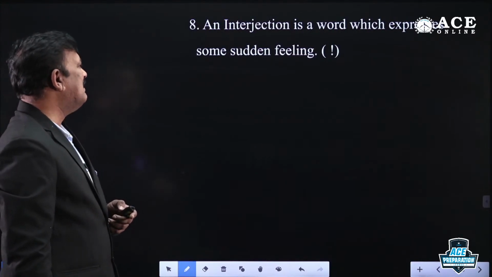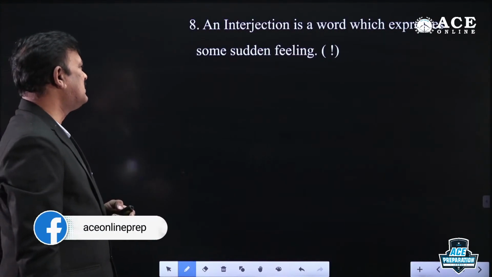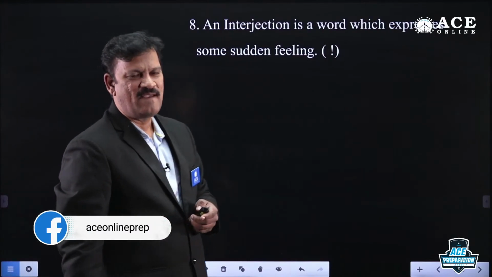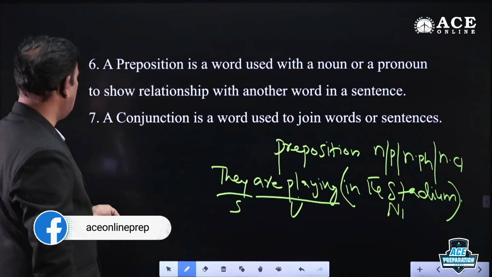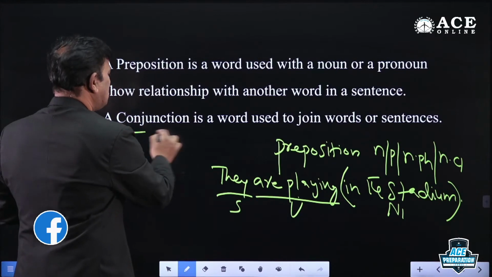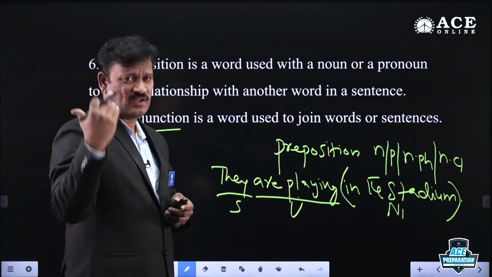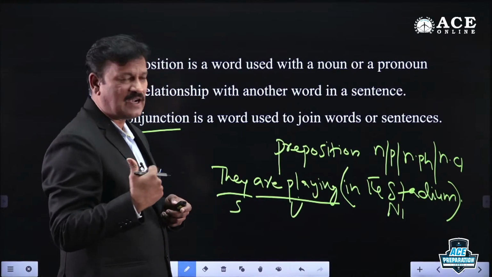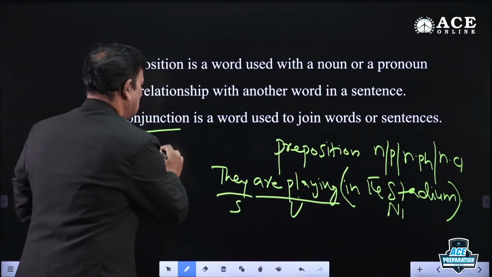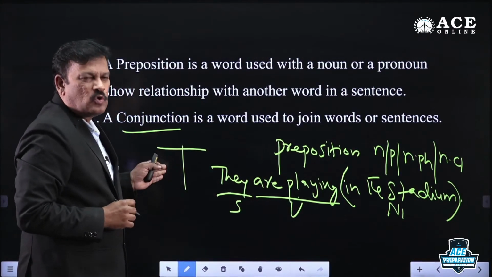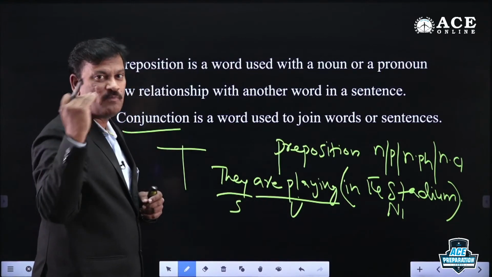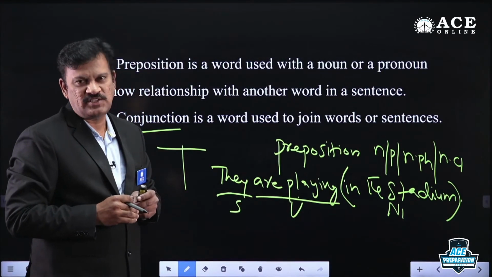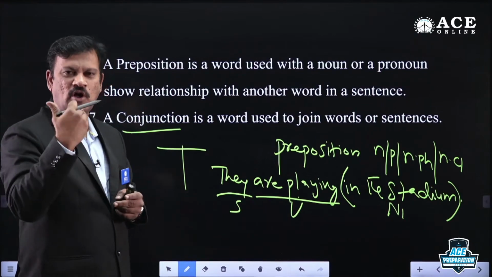Look at this. Interjection is a word which expresses some sudden feeling. And I think we missed conjunction, right? Conjunction, we have a set of words. Last session I was talking about that. We have 2 divisions here. We have coordinate conjunctions, those fanboys, and we also have subordinate conjunctions. You know, there's a list we have gone through already.